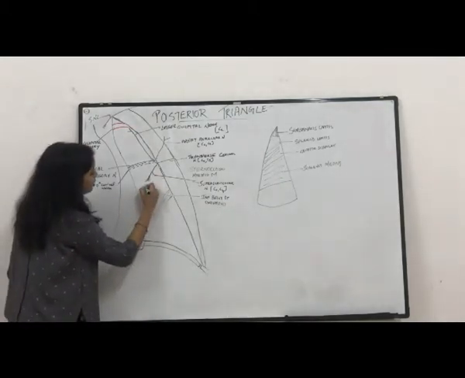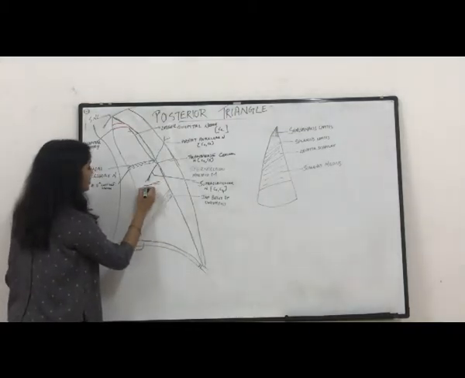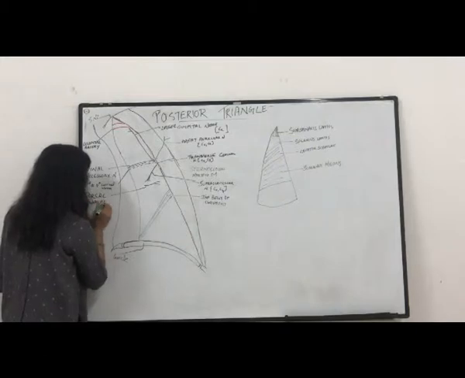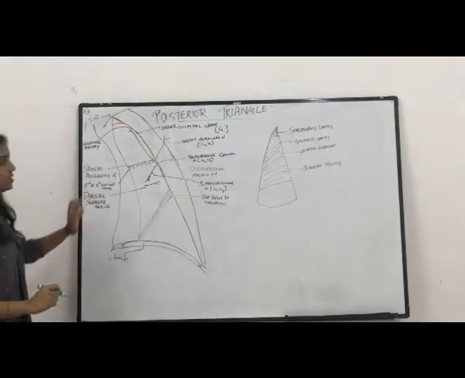And then next is the dorsal scapular nerve, which is also one of the contents of this triangle.